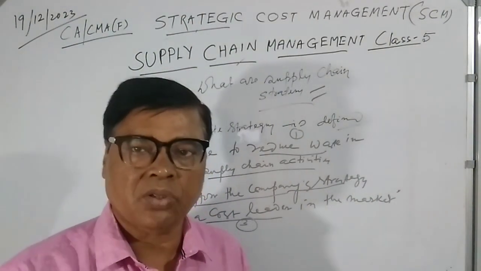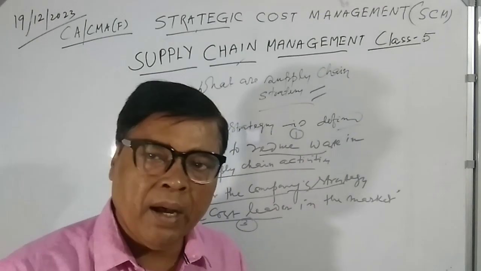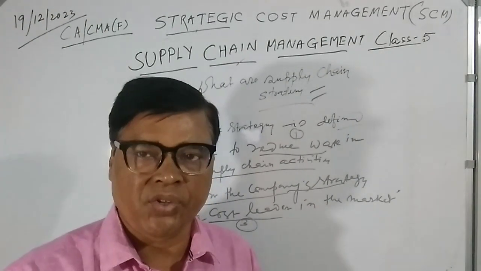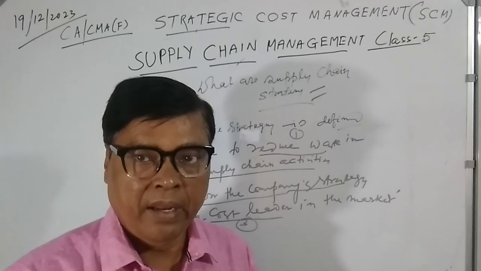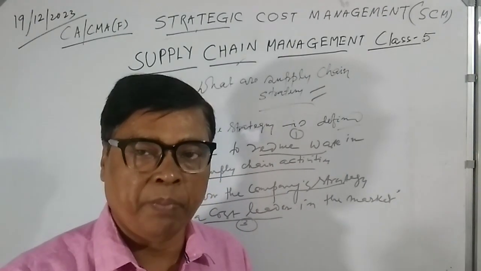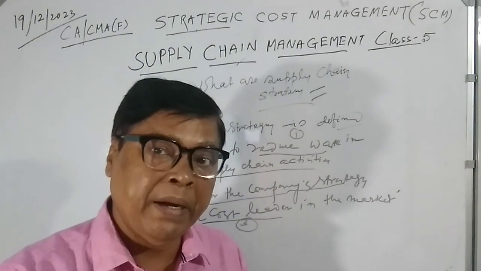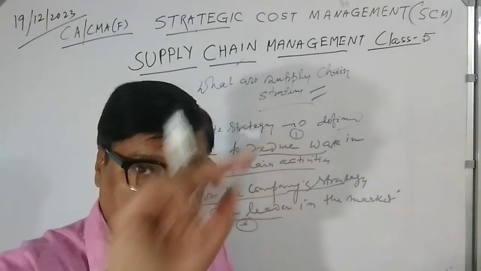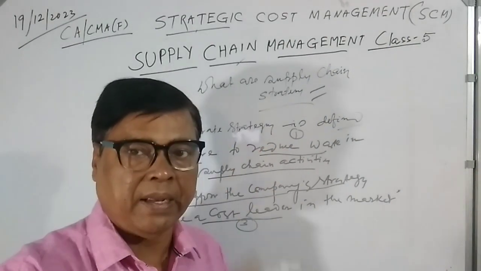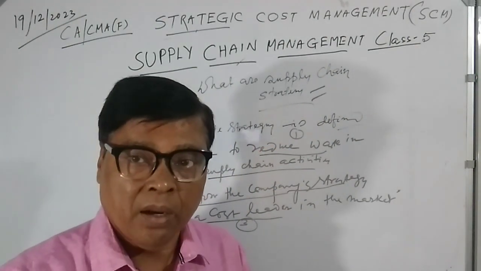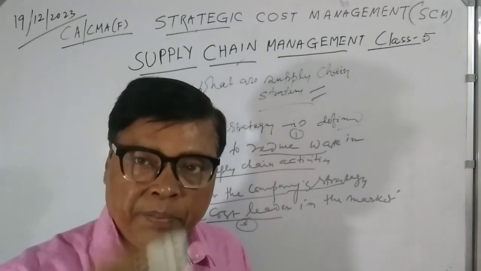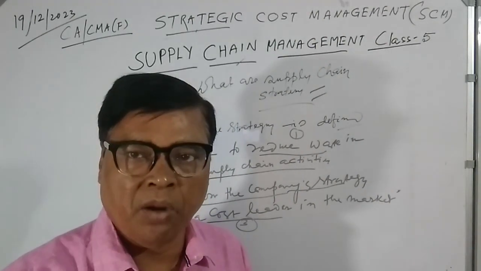What does cost leader mean? You should be in a cost advantageous position in comparison to your competitors. We have been discussing this concept from different angles. Ultimately, you are to be in a cost beneficial position in comparison to others.